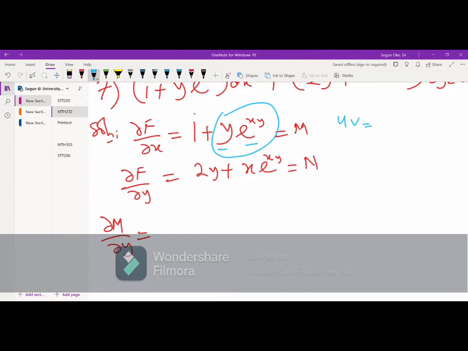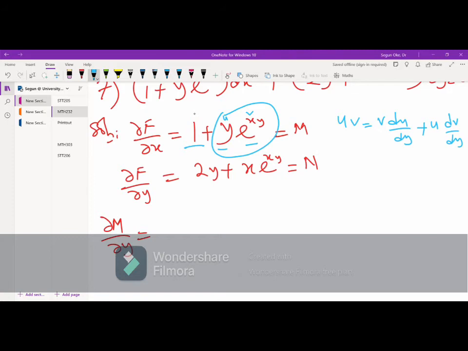The derivative of UV is equals to V du dy plus U dv dy. Let's say this is our U, this is our V. So what's going to be the answer? Everybody, please solve it. Because when you differentiate this one, you have 0 already.